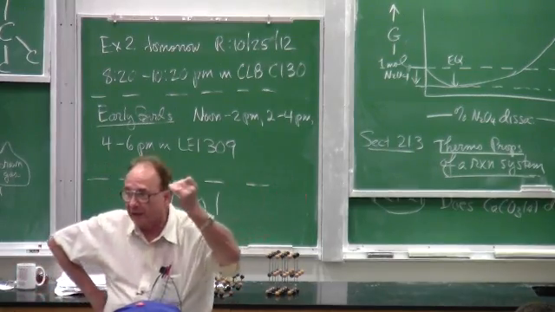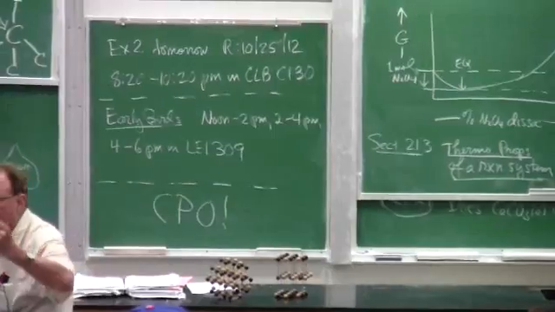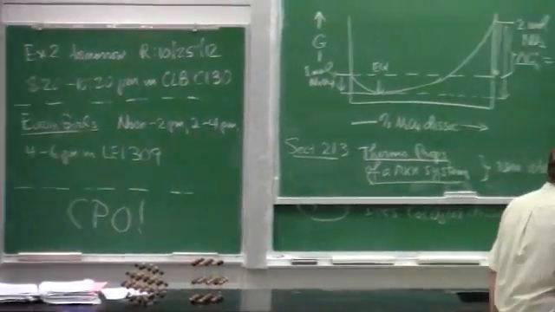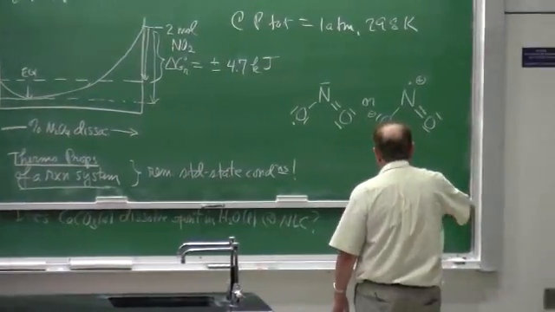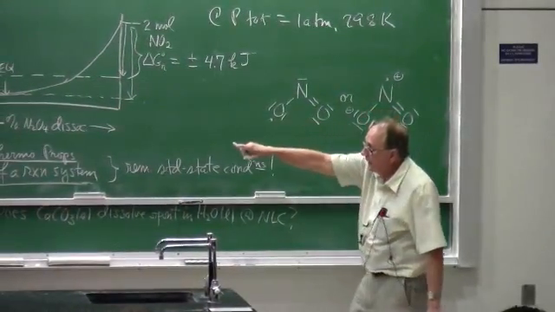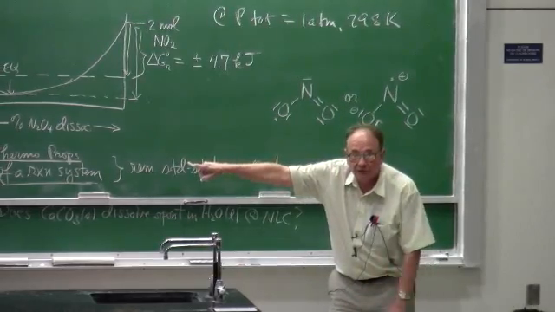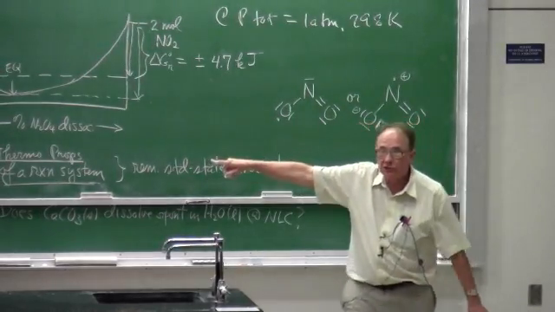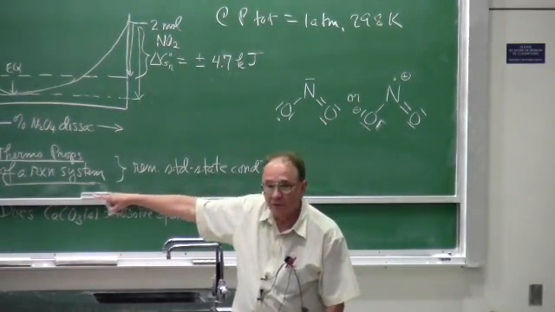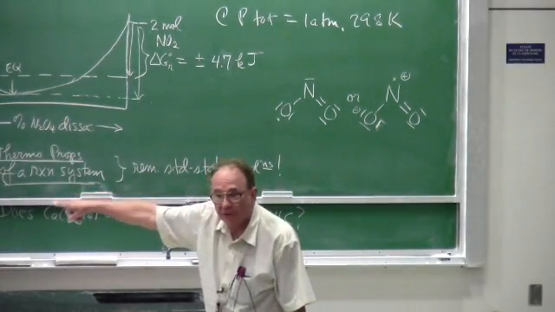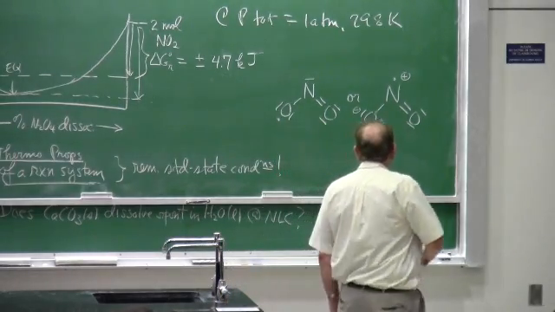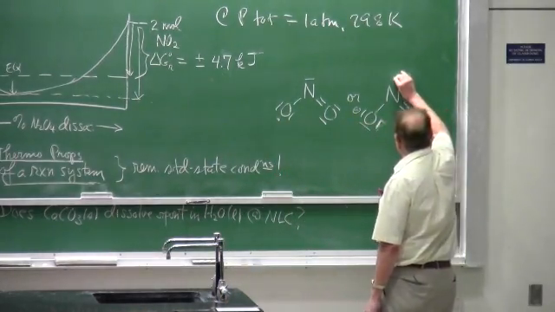The radical or the non-radical? The non-radical. Correct. Which accounts for the natural tendency of NO2 molecules to convert to N2O4 molecules, because you're converting radicals to non-radicals. NO2, radicals. N2O4, non-radicals.